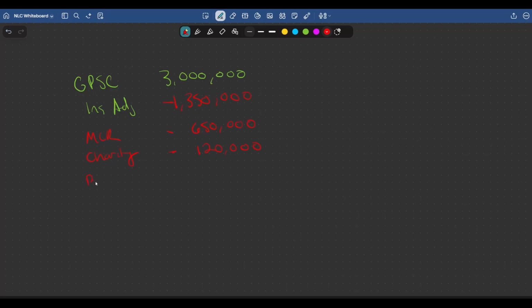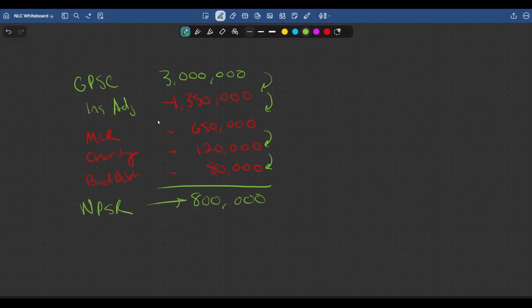Then we have bad debt. Let's say that's another $80,000. So we're going to subtract down this line until we get to the sum, which is $800,000. This number is our net patient service revenue, right?